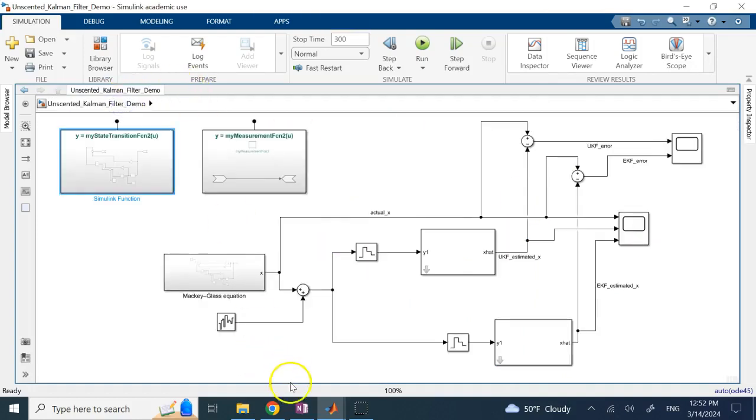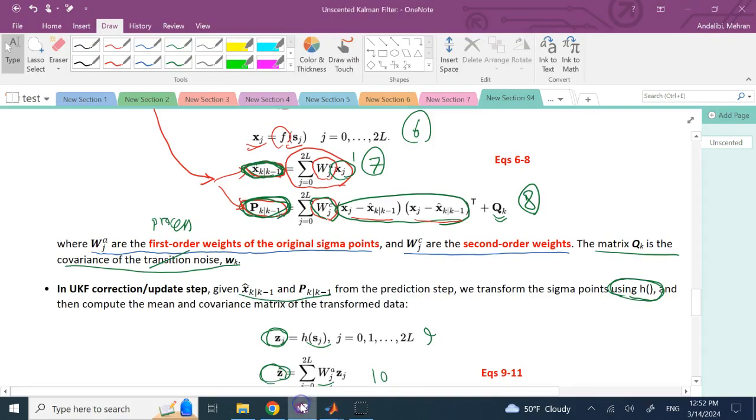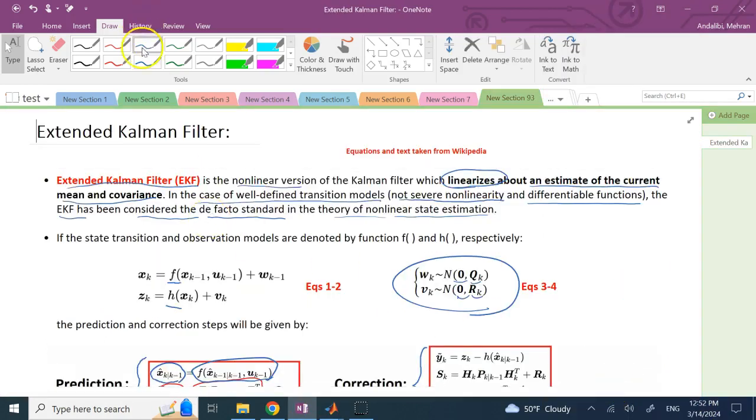Because if you remember, what I need to pass to EKF or UKF is the right-hand side. So if I go back here and look at our EKF, what I need is this one to pass to it, and this one. But since they are continuous systems, the left-hand side is actually x dot, right? Equals f of x and u.